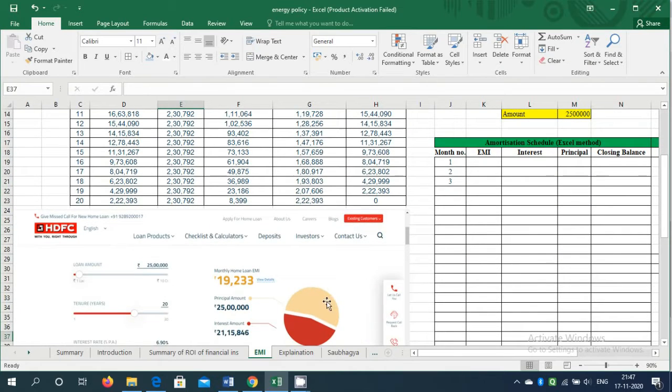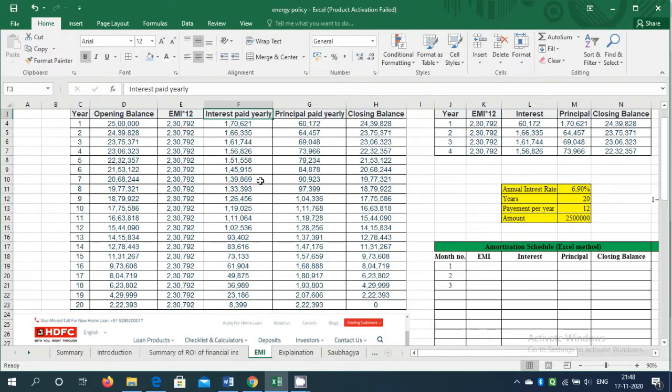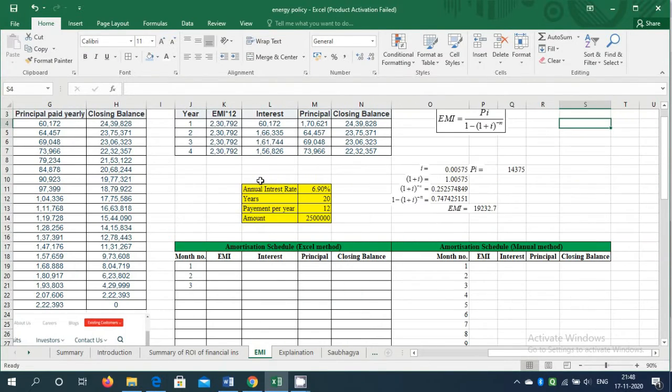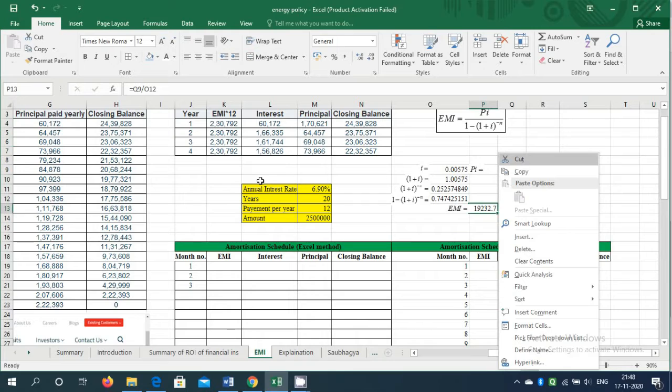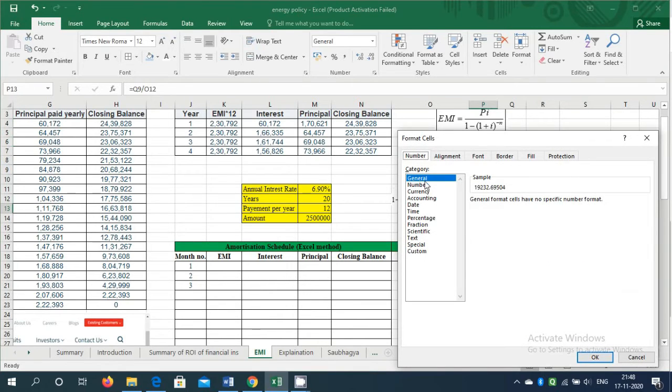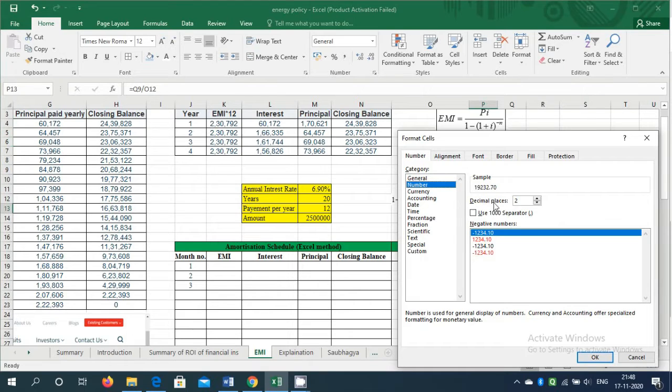Here it is coming 19,000. Monthly EMI is coming 19,233. I'll just round up this one by format, and then I'll go to the number part. In the number I'll just reduce the decimal part.